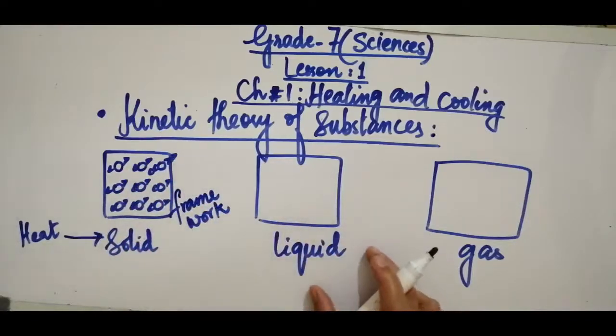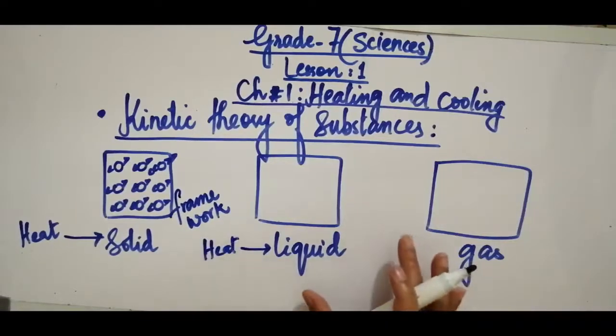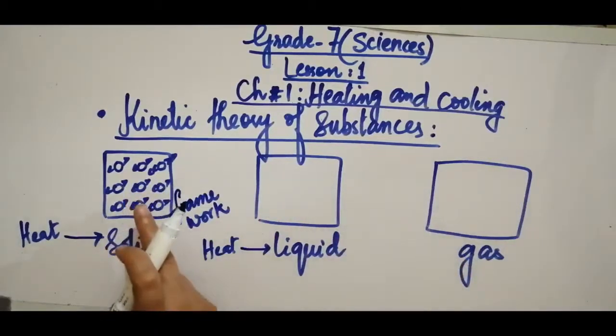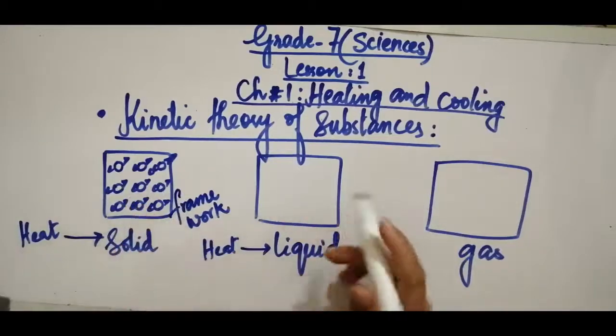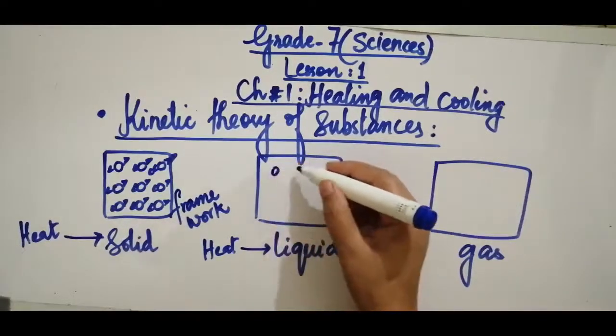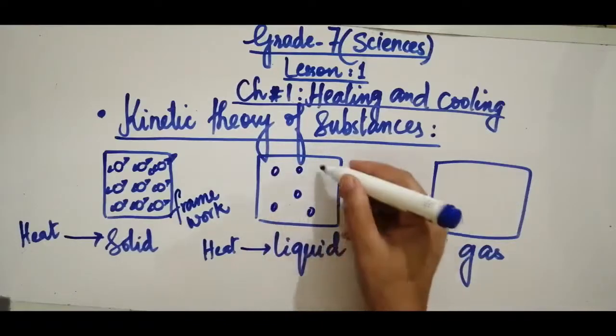If I talk about the liquid, then when heat is provided to the liquid, what happens to the molecules of the liquid? Liquids have more heat energy as compared to the solid. Therefore, how do the particles move inside the liquid? First I'll show you the placement of these molecules inside the liquid.